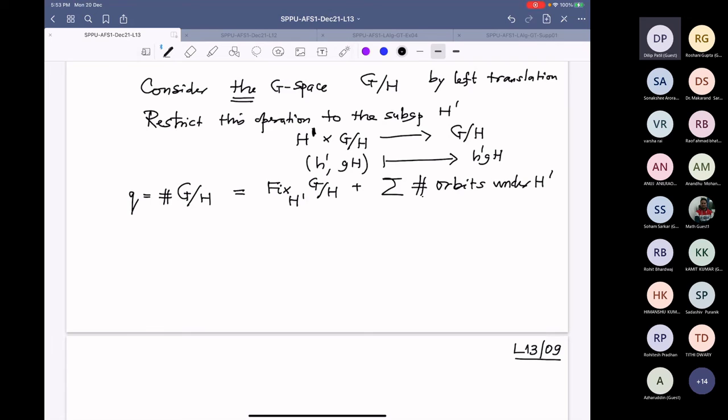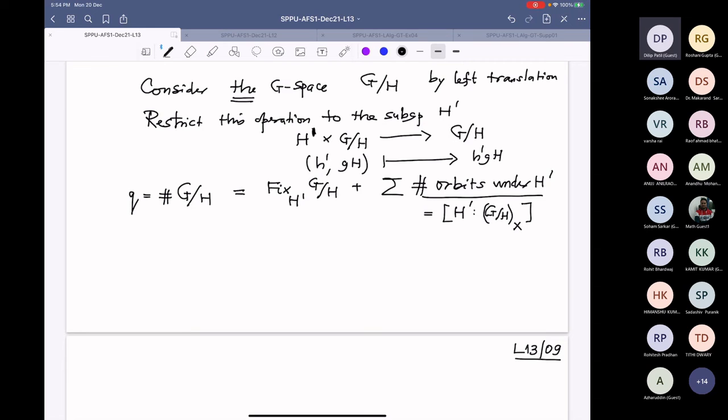And that cardinality I know, that is the index of the stabilizer. So that is the order of H prime divided by the stabilizer of these orbits. Let me write the stabilizer of some orbit, GH. But anyway, it is an index in H prime.